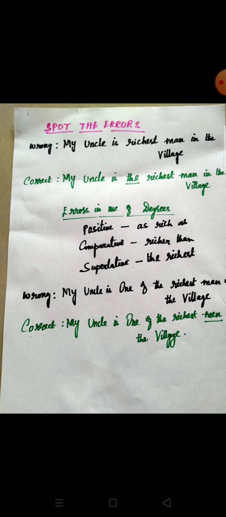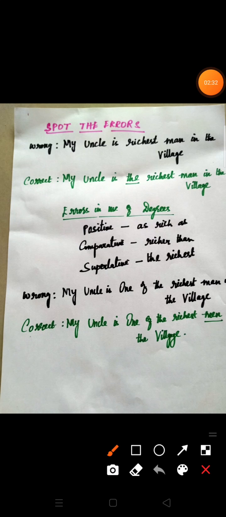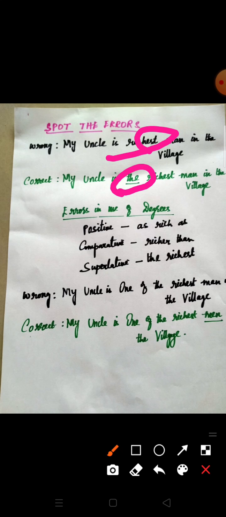Superlative, the richest. Look at the sentence again. My uncle is richest, it is given. See here, est, so it is superlative degree, so we must add the in front of richest.